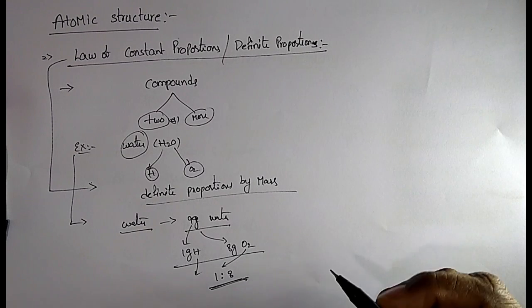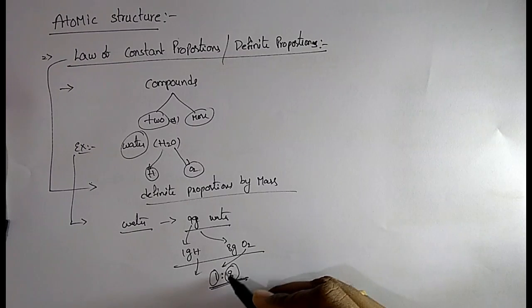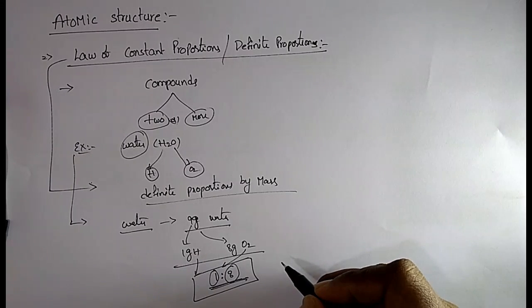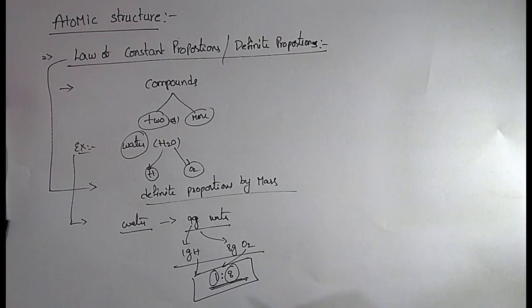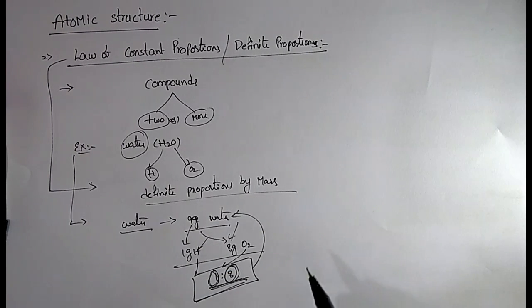The ratio of the mass of hydrogen to the mass of oxygen is always 1:8 only. If you take any amount of water, the proportion of hydrogen and oxygen masses is 1:8. If you take 9 grams, it is 1 gram hydrogen and 8 grams oxygen.